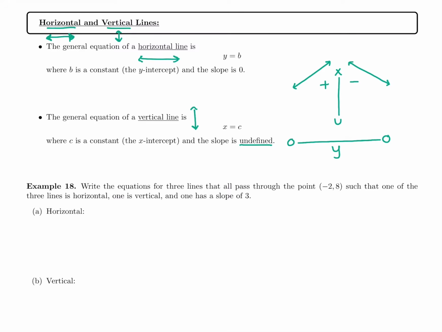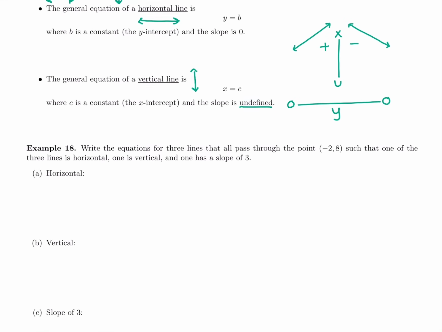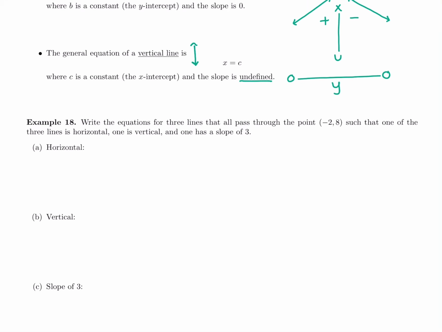We have positive slope, negative slope, undefined slopes are x equals, 0 slopes are y equals. So let's use that to write an equation for 3 lines that pass through the point -2, 8. So we're given an x and a y.